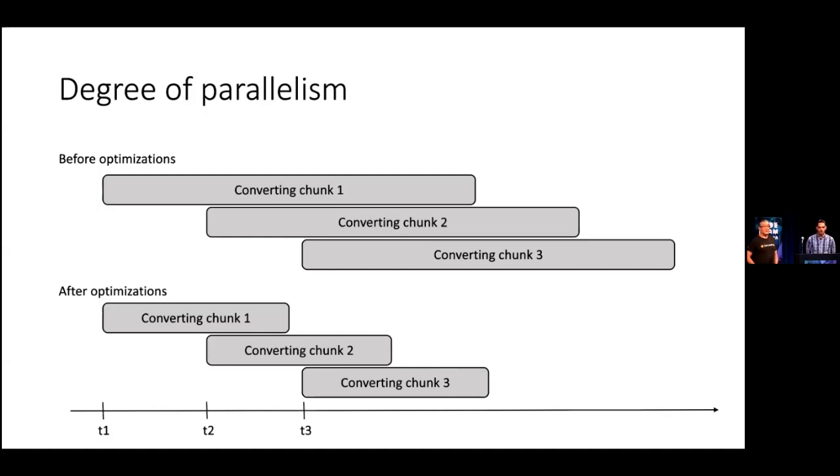Before any optimizations, when the conversion took longer, all three processes converting the three chunks would overlap. That would give a degree of parallelism closer to 3. But after the optimizations, it's likely that we are done converting the first chunk before the third chunk arrives. So this will give us a degree of parallelism of no more than 2.